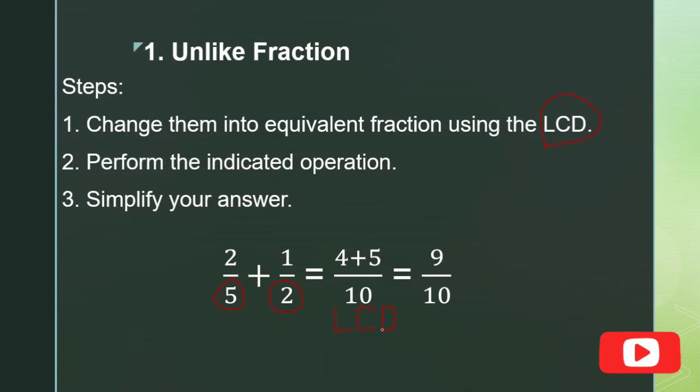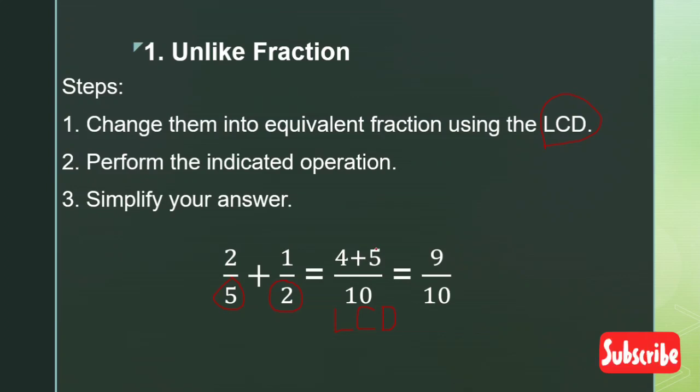So, what's next? Using the LCD, i-divide natin dun sa lumang denominator ng first fraction and then we have to multiply it to the numerator. So, 10 divided by 5 is 2, times 2, we have 4. Next, ganun din sa second fraction. 10 divided by 2 is 5, times 1 is 5.